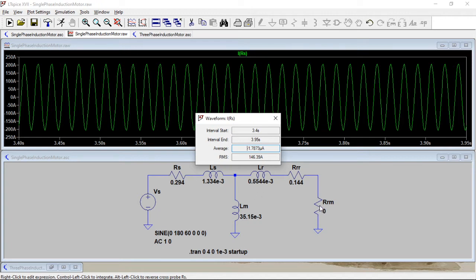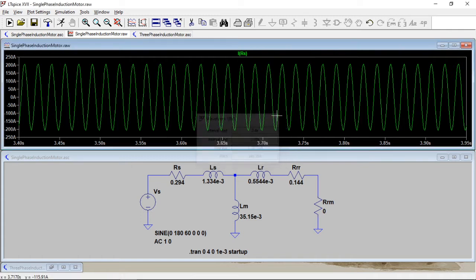So this corresponds to a slip of 1, which is at startup, or locked rotor. So that's what we got for the stator currents. So 146, remember that. All right, let's go in and kill this here.